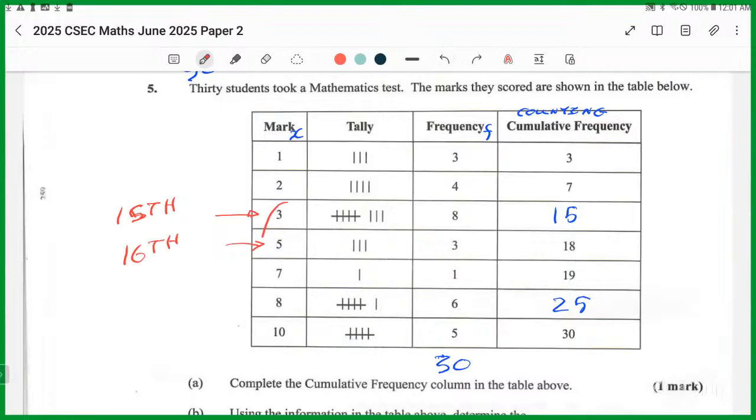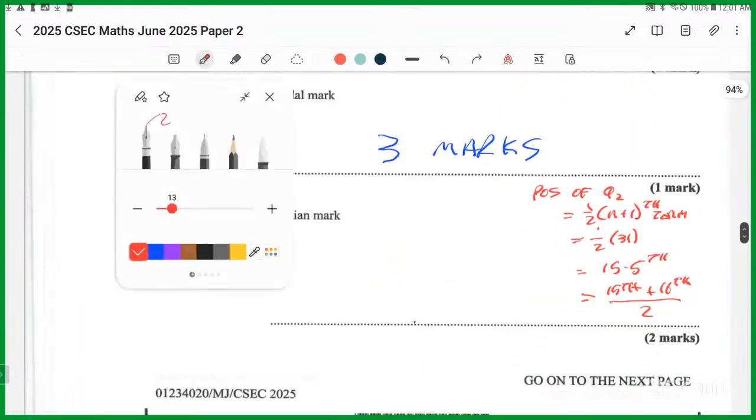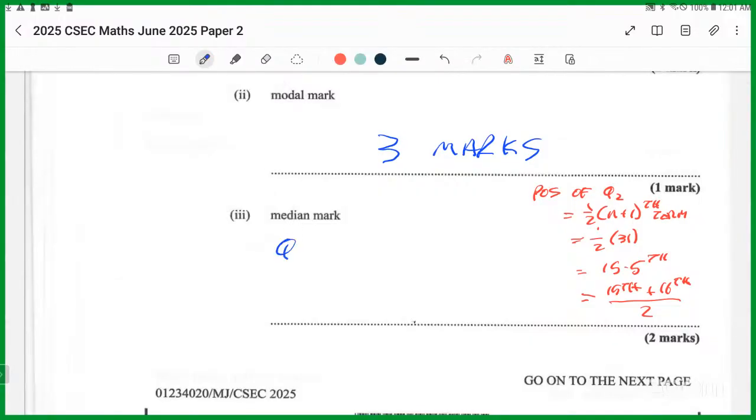So we're averaging these two values to find the median. The 15th is a 3, and the 16th is a 5. So the median Q2 is 3 plus 5 divided by 2. That's 8 over 2, so it's 4 marks, the median is 4 marks.